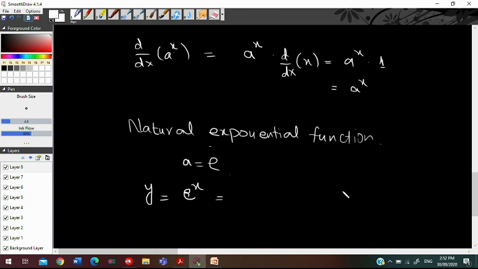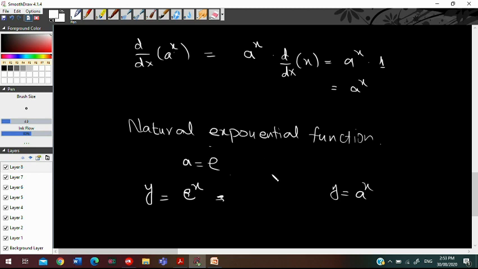In our previous result we wrote y is equal to a power x. So when we take a is equal to e, which is the natural exponential function, we can write y is equal to exponential of x. By doing the same steps we can solve the derivative of this natural exponential function.